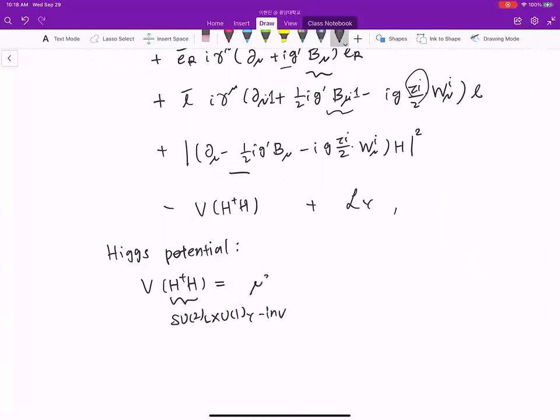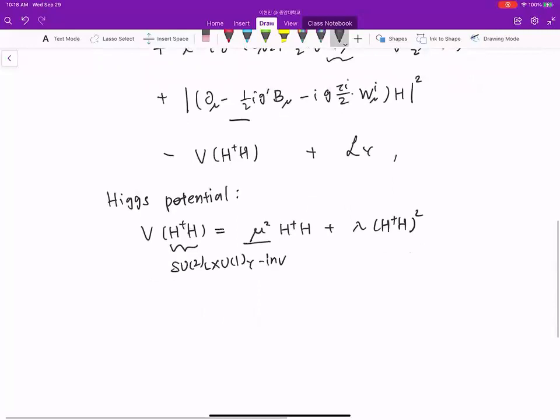So the lowest order in this combination, the lowest 2, will be the quadratic H†H and then (H†H) squared. So mu squared is the mass parameter, the Higgs mass. It's not really different from the physical Higgs mass, but this is the mass parameter, and this is the quartic coupling, you know.